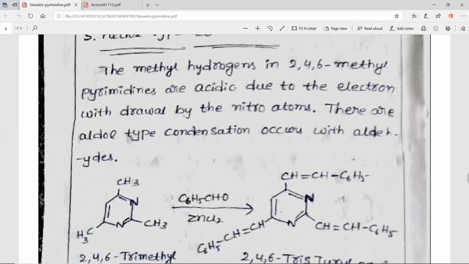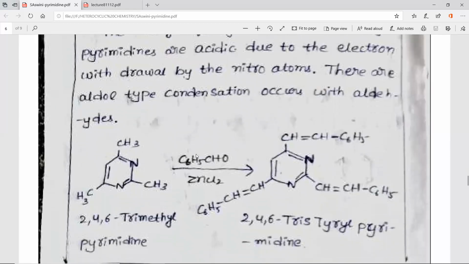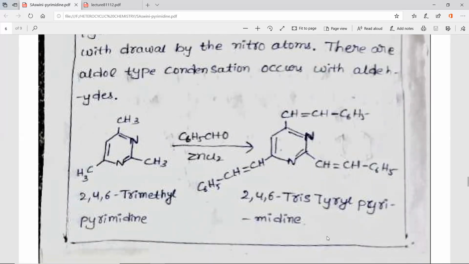So there are aldol type condensations that occur with aldehydes. Because of the acidic nature of these hydrogen atoms, they can undergo condensation reaction with benzaldehyde to give the corresponding product, 2,4,6-aryl pyrimidine.